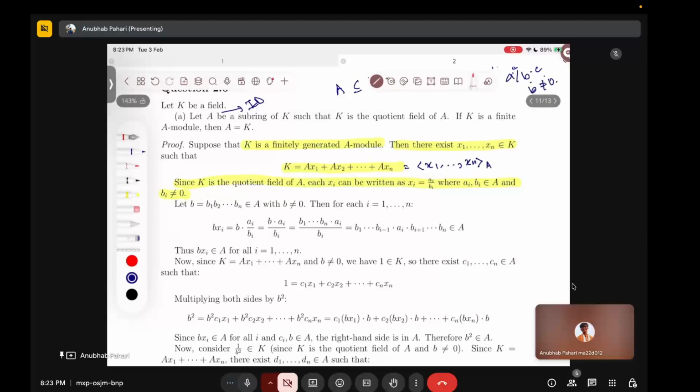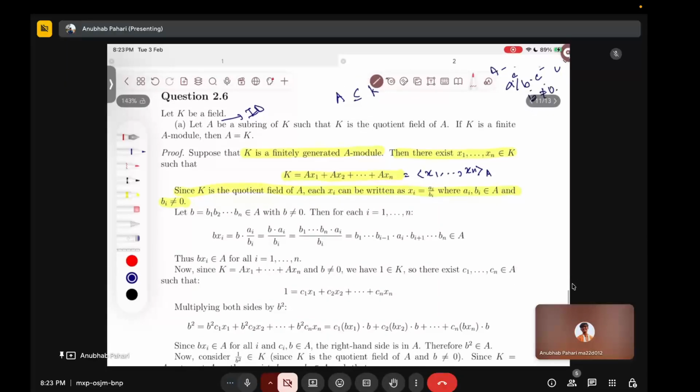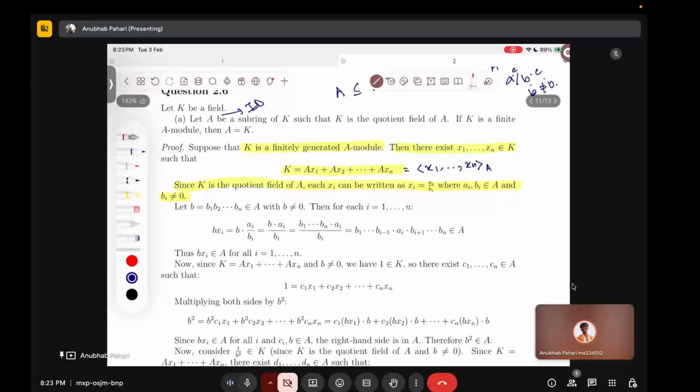Okay, so let us start with this. Take small b, which equals b1 product b2 product up to bn belonging to A with b not equal to 0. Then for each i from 1 to n, we have b·xi as b·ai/bi, since you can take xi as this.